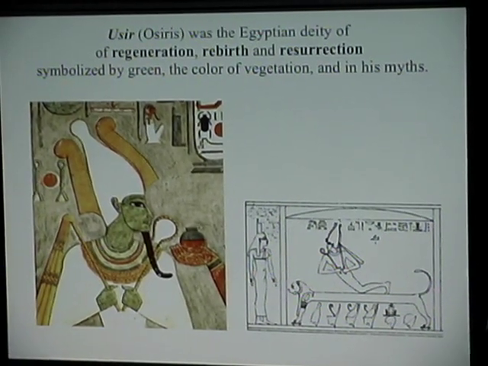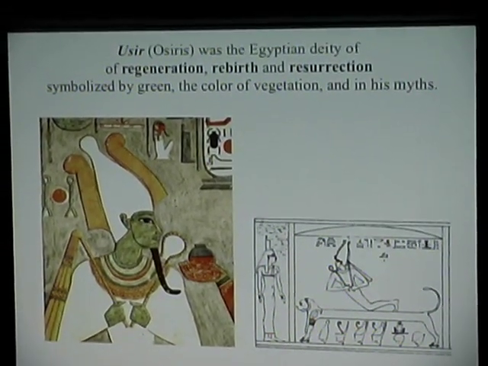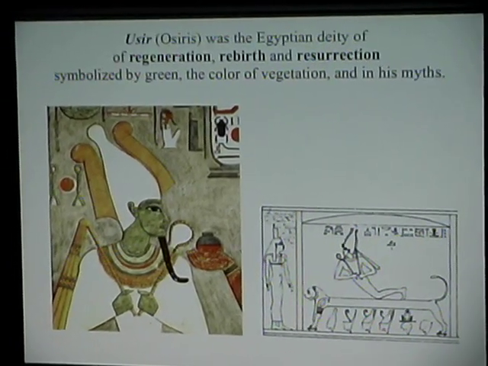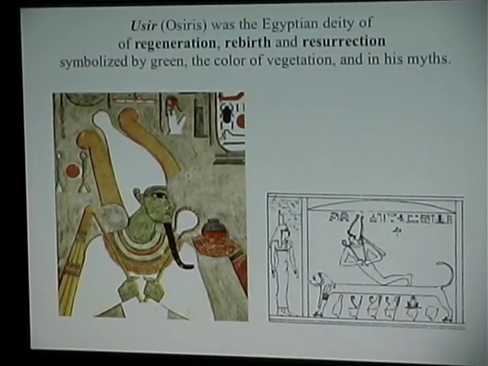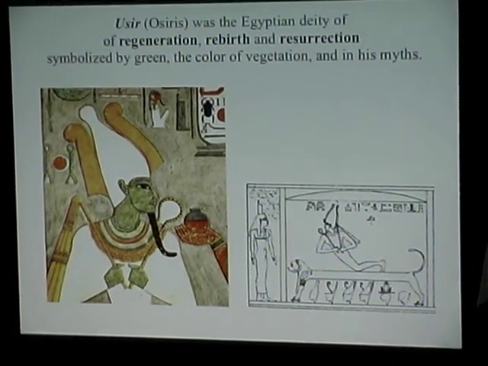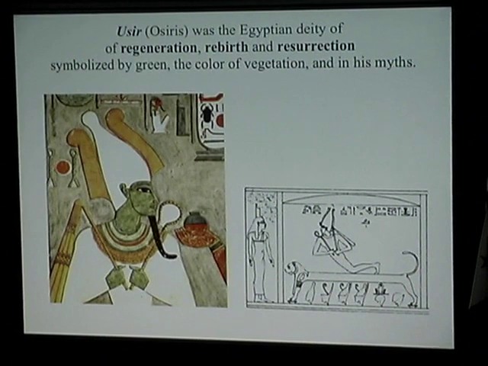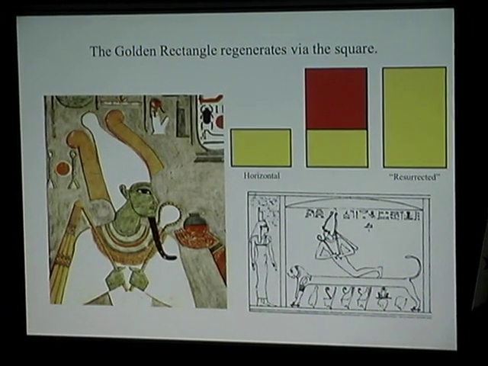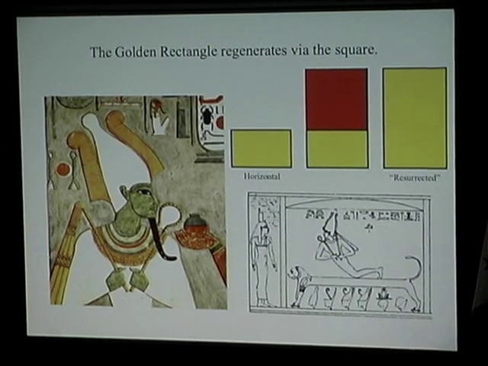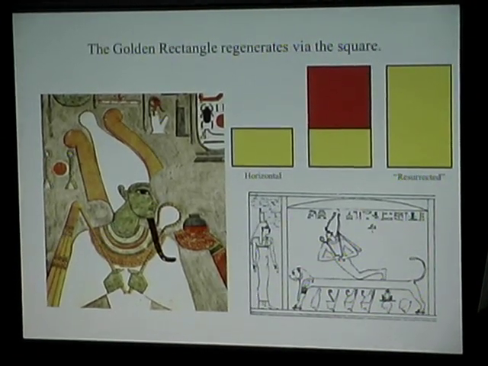Osiris was the Egyptian deity of regeneration, rebirth, resurrection, symbolized by the green color of vegetation of his face. He was dead and brought back to life, and so it makes perfect sense to use this geometry to shape art that involves death, birth, death, and resurrection.